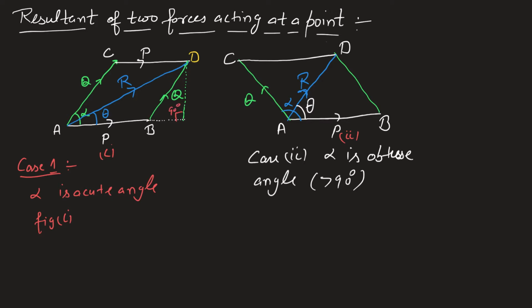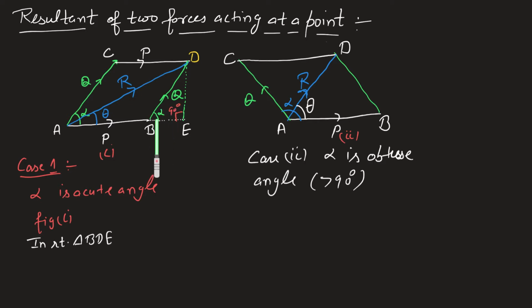And you will see, if this angle is alpha, so this angle will also be alpha. And can I name this point as point E? So in right angle triangle BDE, this angle is 90 degree. So this is hypotenuse, this is alpha.